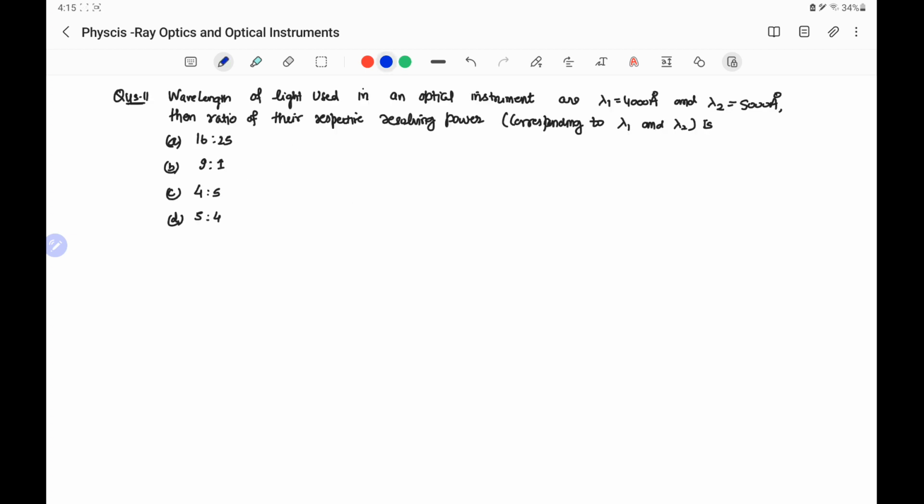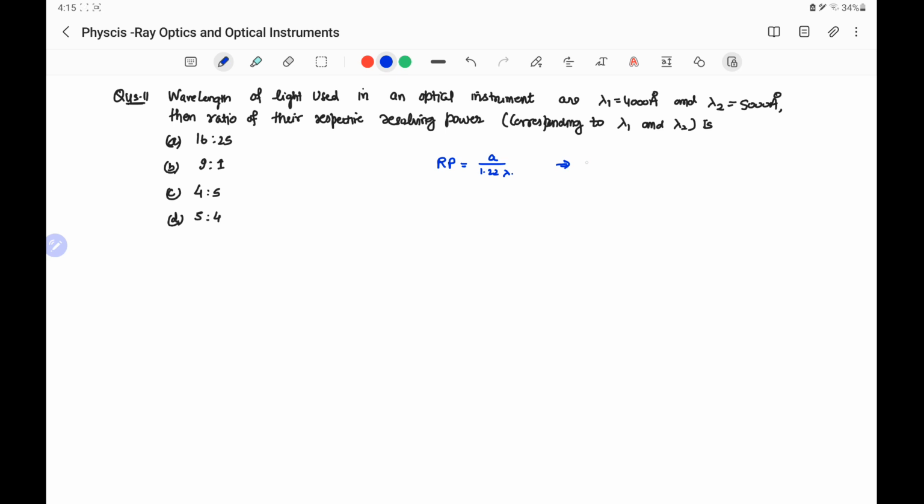11th question is, wavelengths of light used in an optical instrument are lambda 1 equal to 4000 angstrom and lambda 2 equal to 5000 angstrom. Then the ratio of their respective resolving powers corresponding to the wavelengths lambda 1 and lambda 2 is. We know that resolving power is equal to A by 1.22 lambda.